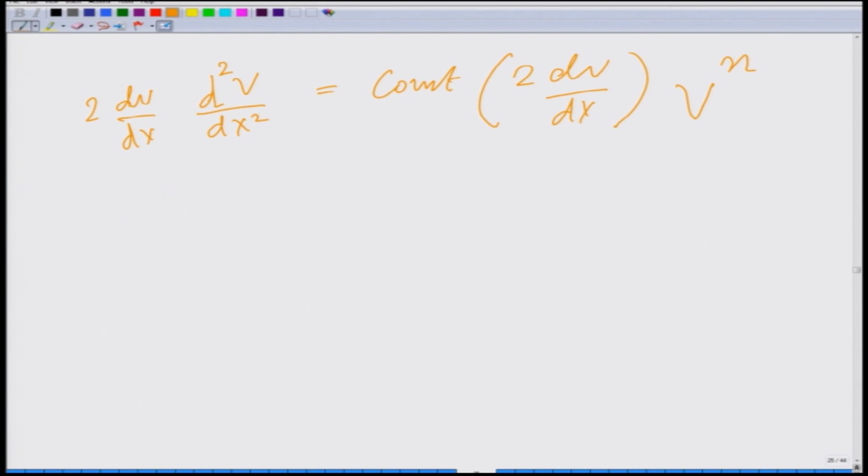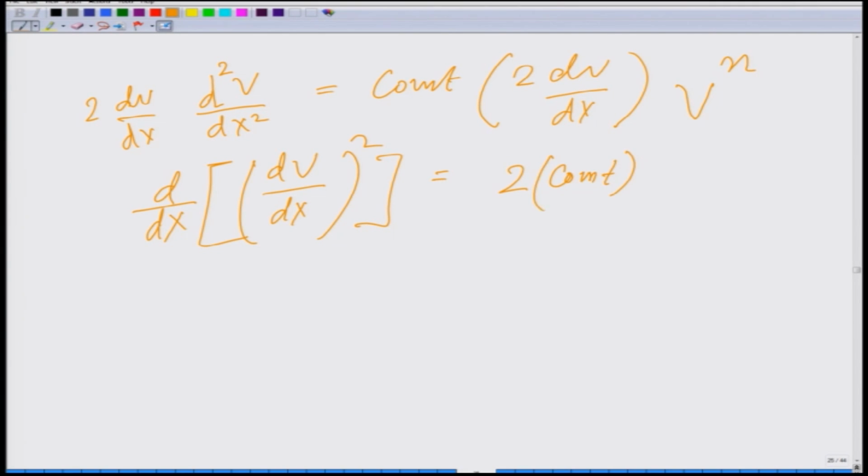Now, you can immediately see that the left hand side is d/dx of (dV/dx) square, and the right hand side is 2 times the constant that you found out here, and then V to the power n dV/dx.